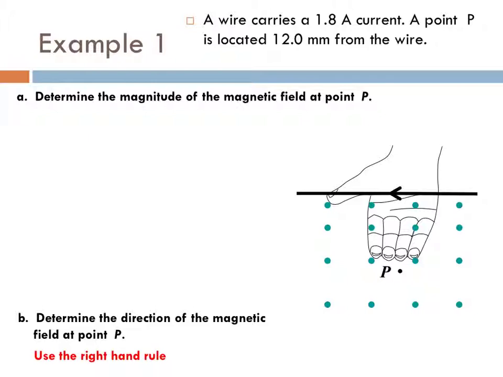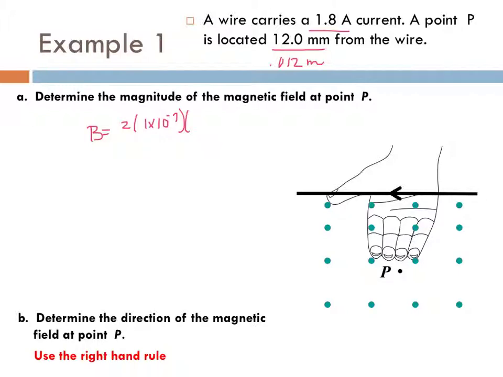So let's try this first example. Here we have a wire that carries a current of 1.8 amps. A point P is located 12 millimeters, or 0.012 meters, away from the wire. We're asked to solve for the magnitude. You can use either of the two equations, but I'm going to use the simplified version.